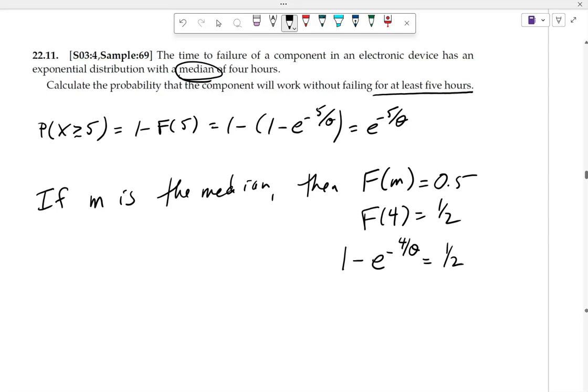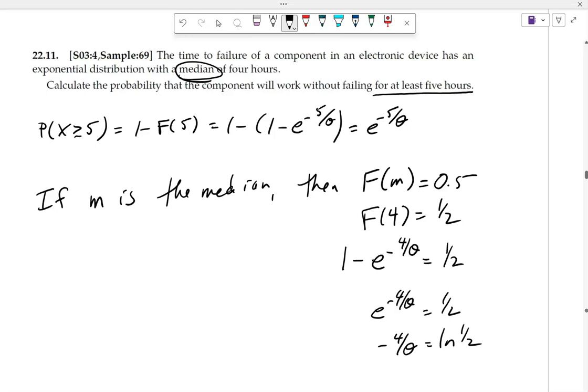I don't know what the theta is, but I know that when I plug in 4 into the distribution function, I'm supposed to get out 1/2. Well, if we rearrange our equation, we'll get e to the negative 4 over theta equals 1/2.